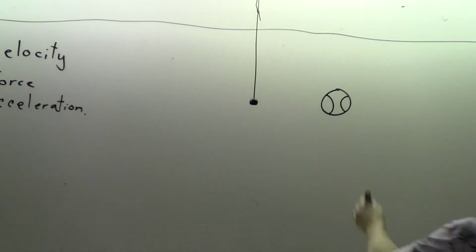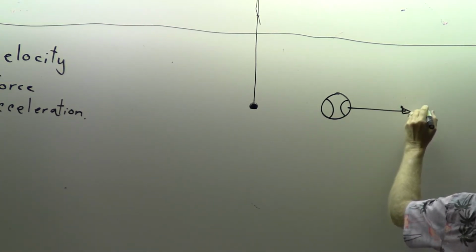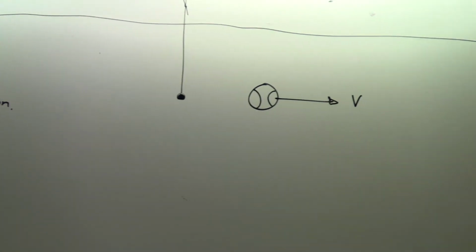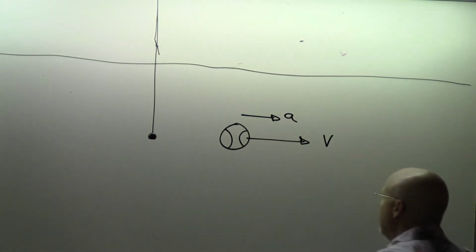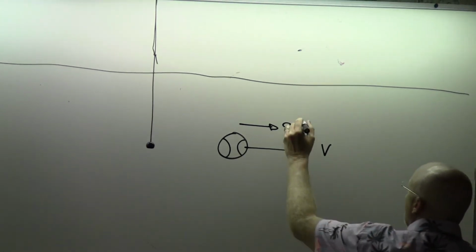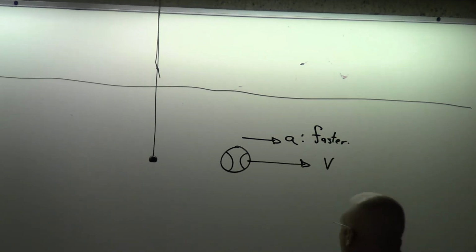And if the object was moving this way, and so we say I'll put a little v here for its velocity, and if the acceleration, and so I'll put a little a, is in that same direction, we said this would make it go faster.